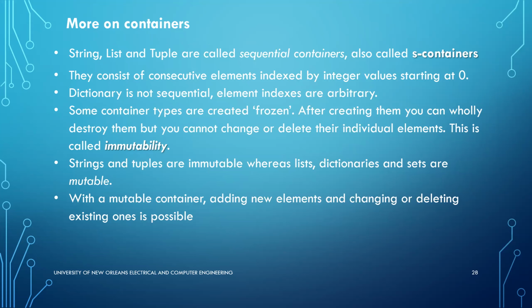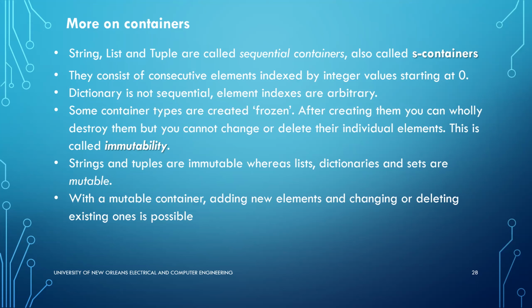As we mentioned before, there's an element of mutable or immutable, and we've got to look at this again. But it's also common to refer to the strings, the lists, and the tuples as sequential containers, or simply S containers.